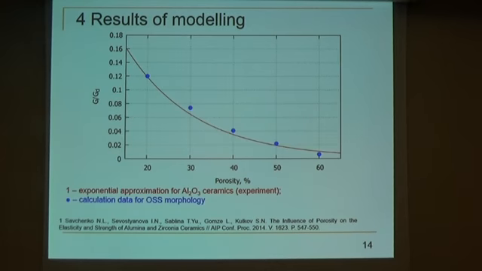And again, we can see that our calculations correspond rather well with experiments which we take from this paper. I forgot to mention that for shear we have used parameters not for zirconium ceramics but for aluminum ceramics.